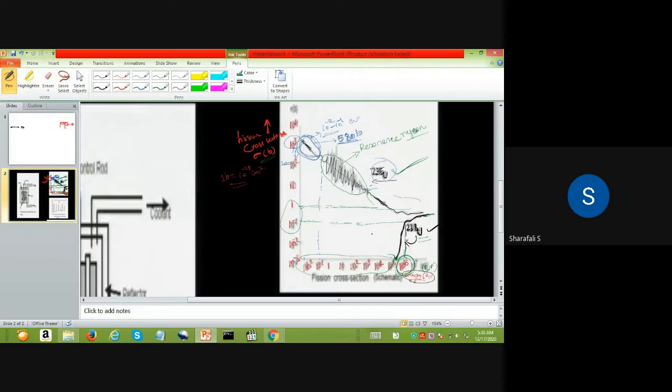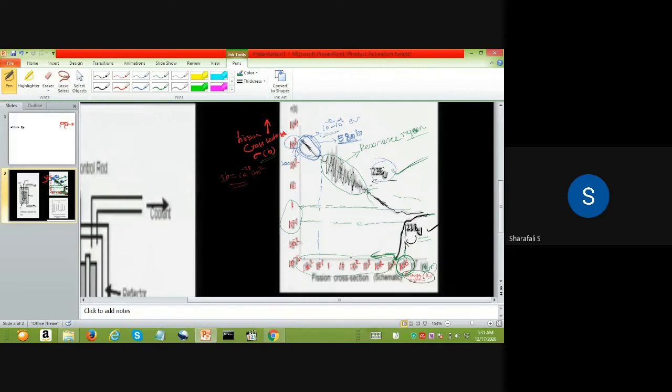Then only does fission start in uranium 238, because below this energy, the fission cross section for uranium 238 is 0. So it will not undergo fission.